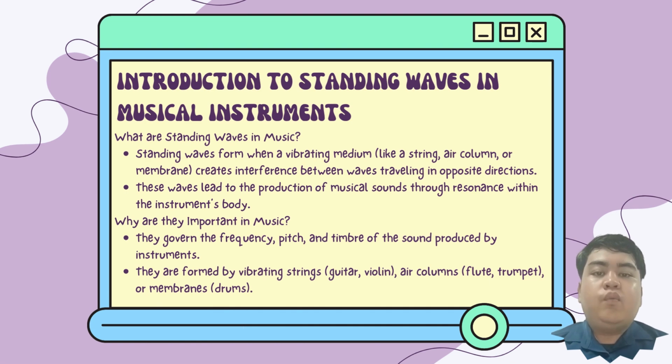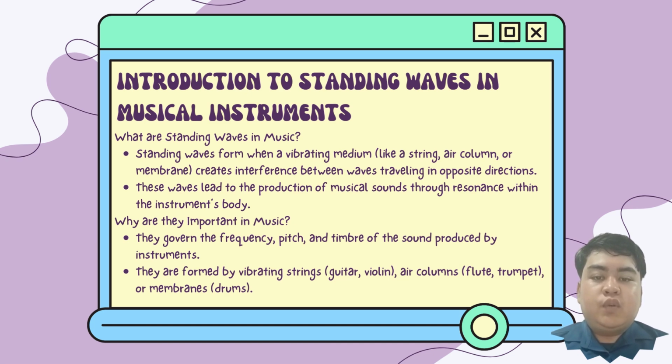Standing waves form when a vibrating medium like a string, air column, or membrane creates interference between waves traveling in opposite directions. These waves lead to the production of musical sound through resonance within the instrument body. Why are standing waves so important in musical instruments?